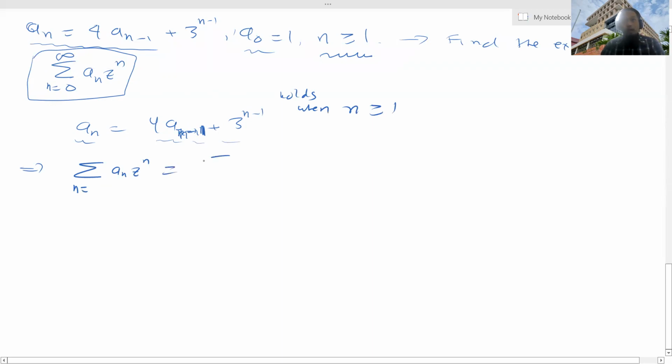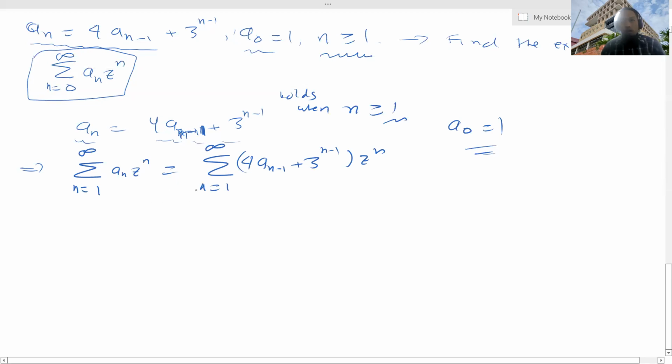So this is the sum of n from 1 to infinity, not from 0, because of this. So for 4a_{n-1} plus 3 to the power of n minus 1, times z to the power of n. What about n equal to 0? We already have that a_0 is 1. We already have this.